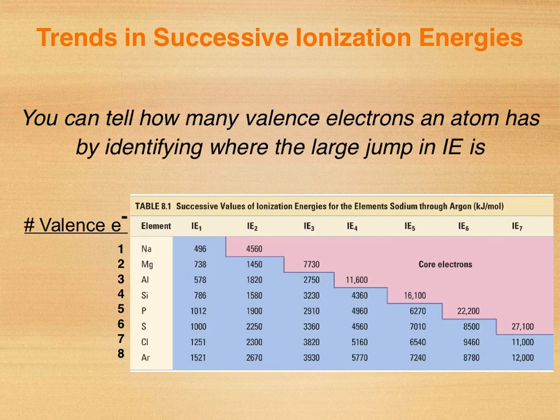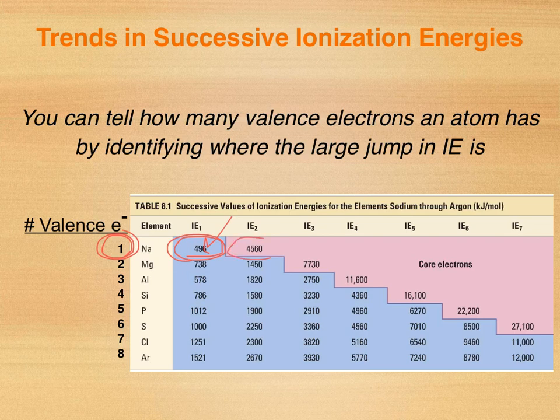So sodium, for example, in its neutral state has one valence electron. It still costs energy, but it's relatively easy to remove that one valence electron. But since it only has one valence electron, once you remove that, it's going to fight like heck to keep you from removing any more electrons, because what's left are core electrons.